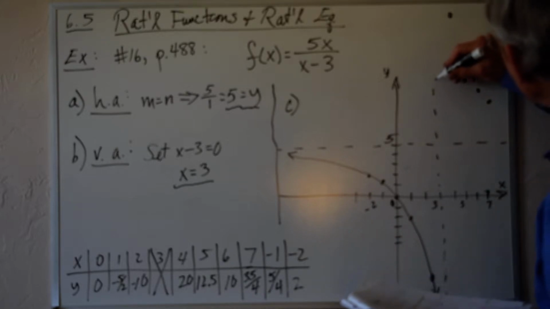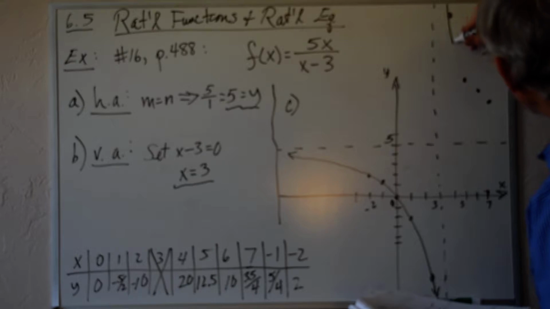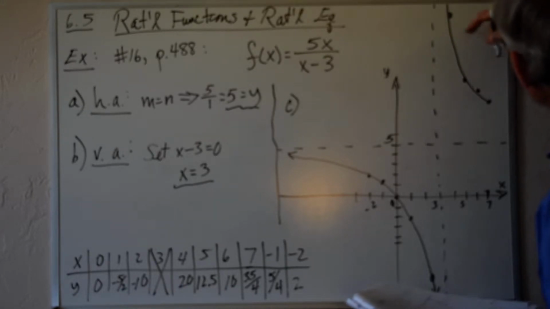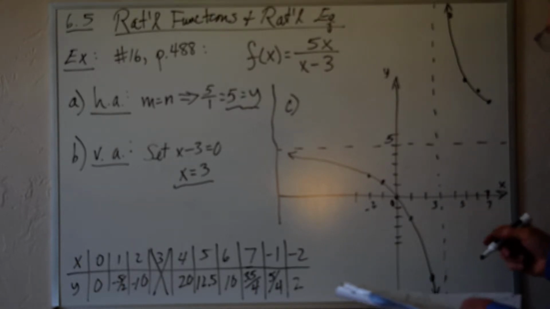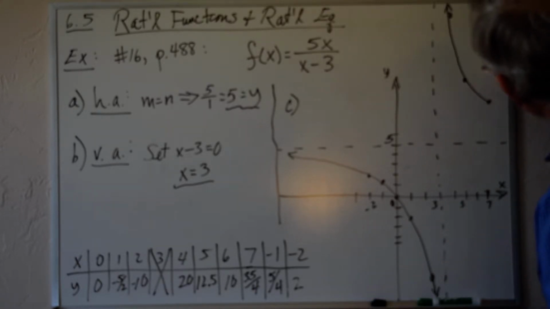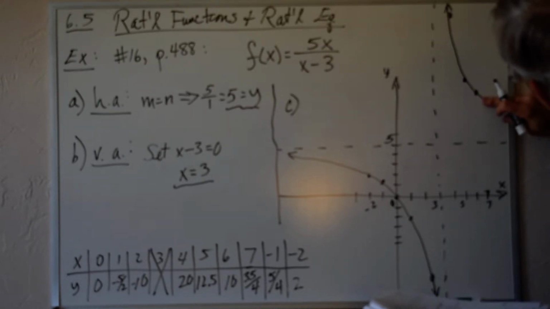Up here, I think I can convince you that the curve is asymptotic with this x equals 3 line. Let's move that point over so it lands where we want it to. And this, yeah, I guess we go down more, steeper.